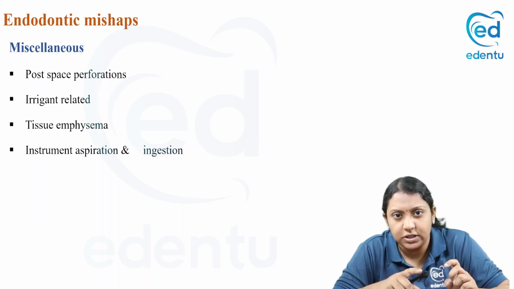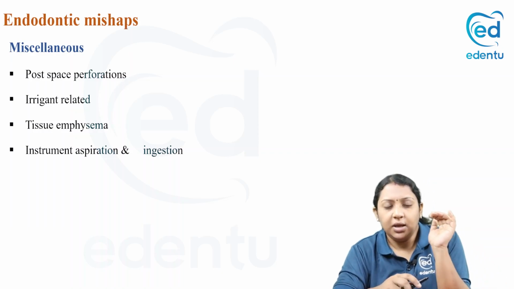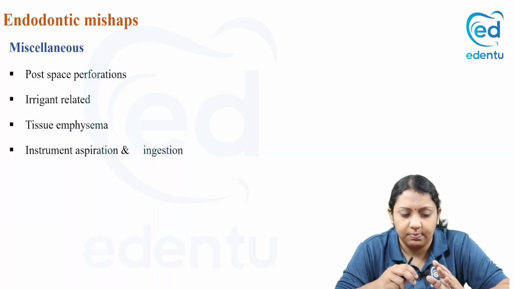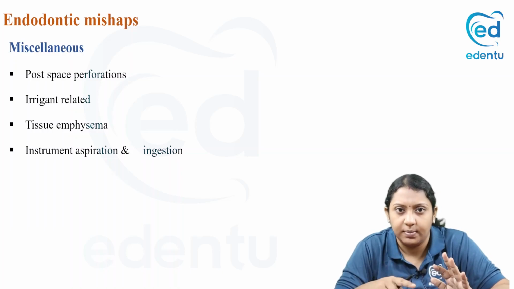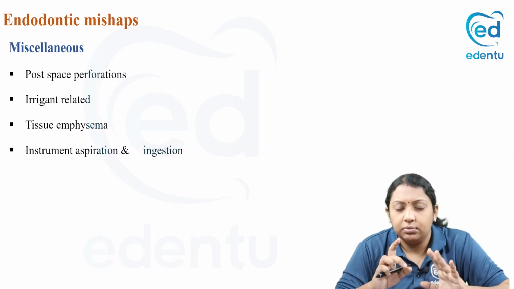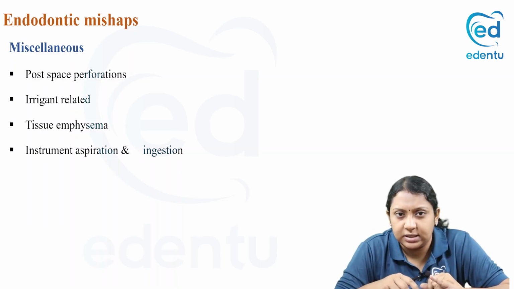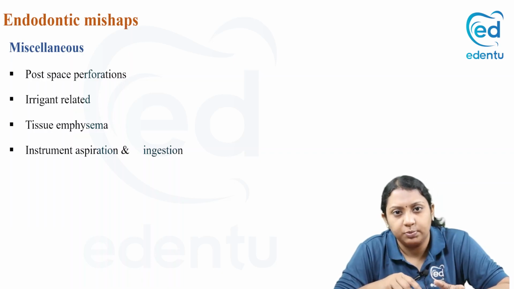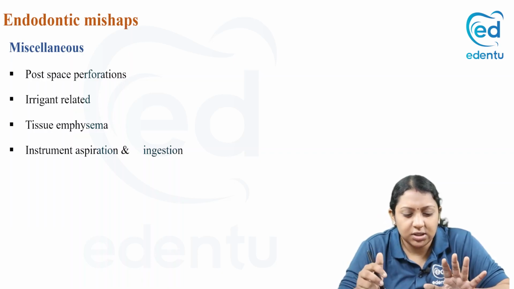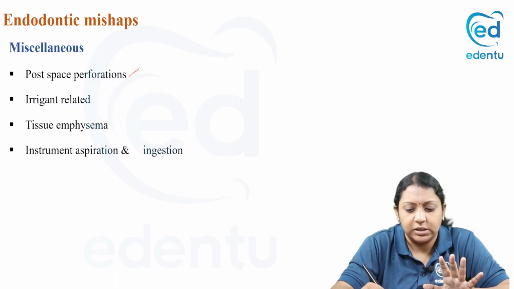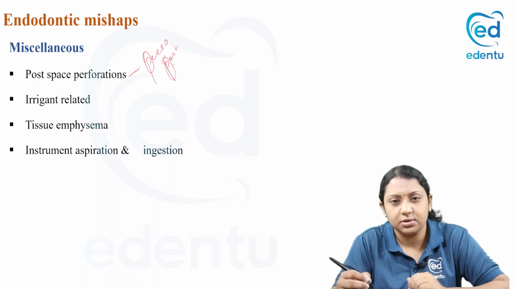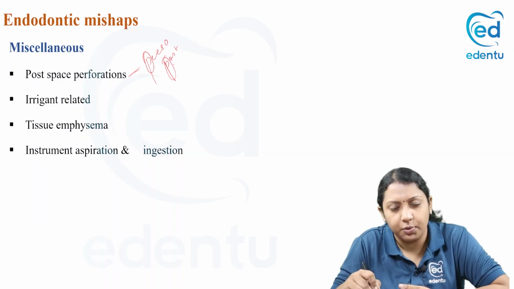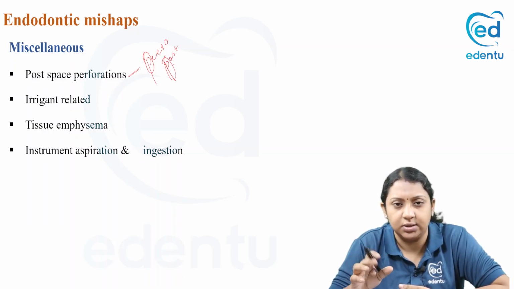We have to remove the GP, retaining the apical 3 to 4 mm, and the rest of the GP has to be removed. Ideally, remove the GP using Gates Glidden and prepare the post space using a Peeso reamer. This is also just for information: Peeso is used for post space preparation. So just remember Peeso P and post P, used together.